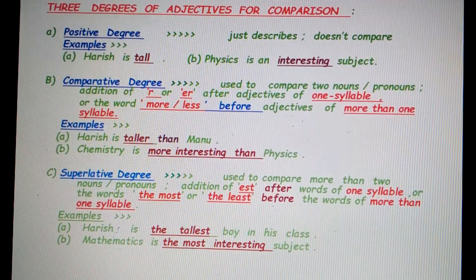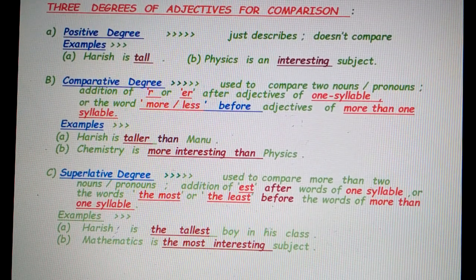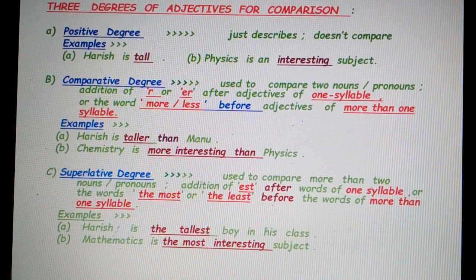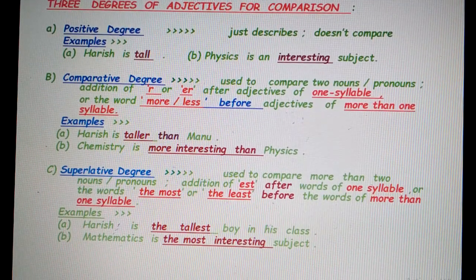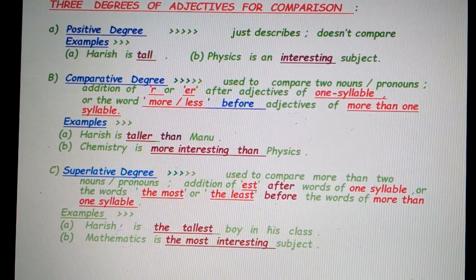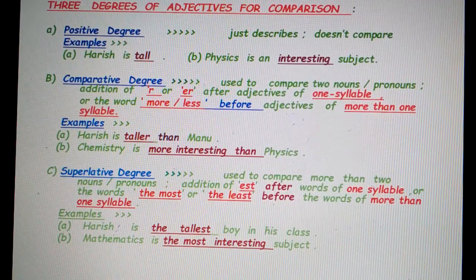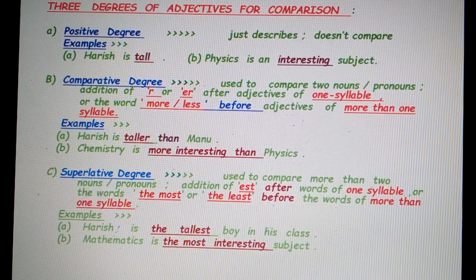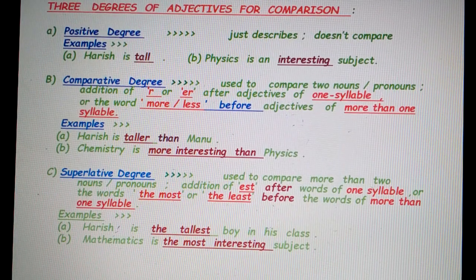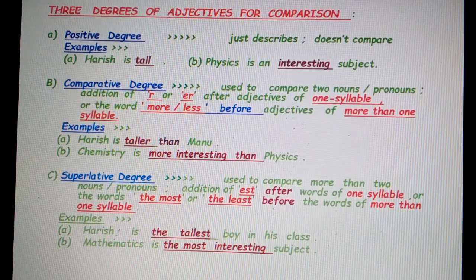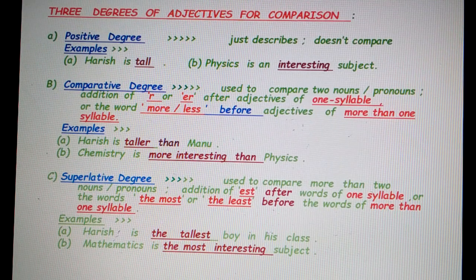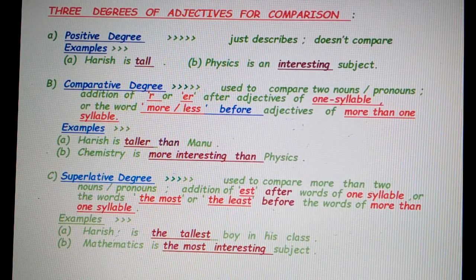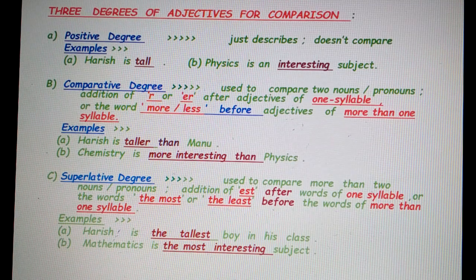I hope you understood this. Now, if the question arises, how to identify the adjective degree in a particular sentence, what will you do? Just go to the sentence, read carefully, and if you find the word than in the sentence, very quickly you can come to the conclusion that the sentence presents the adjective in comparative degree.